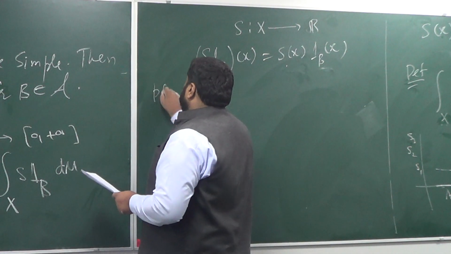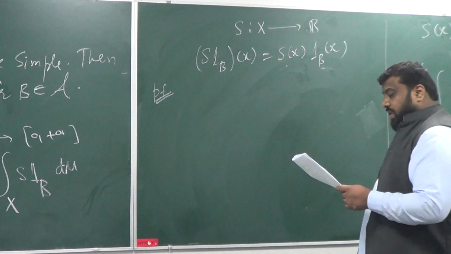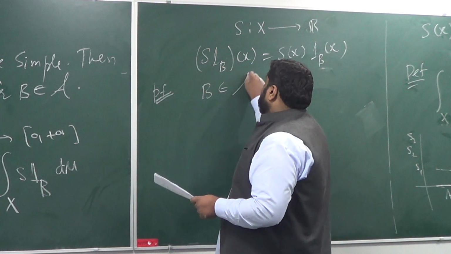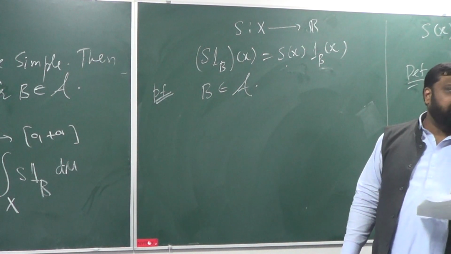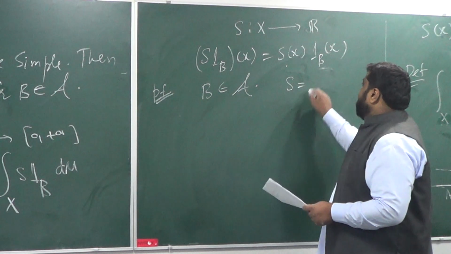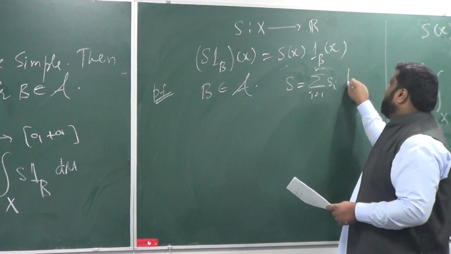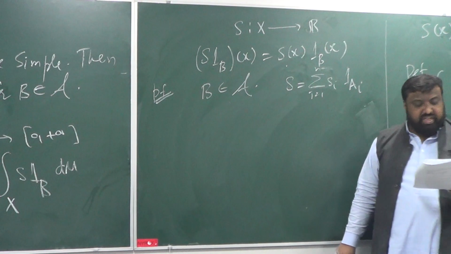So here's a quick preparation for the proof. B is some measurable set, and S is a simple function. If it is a simple function, then S can be written as the sum, i equal to 1 to n, of s_i times the indicator function of A_i.